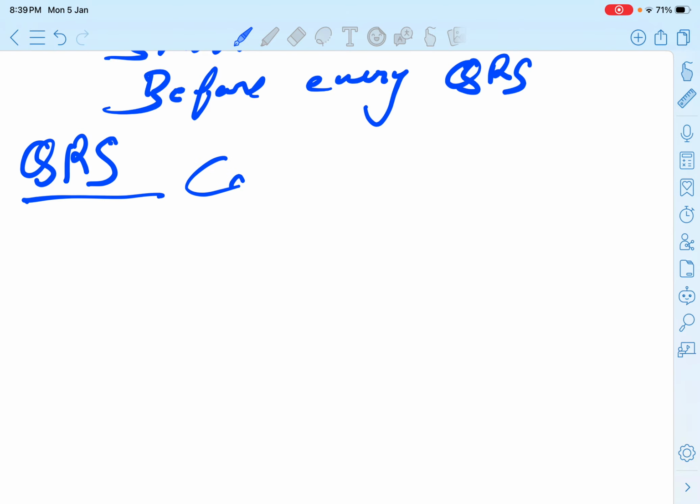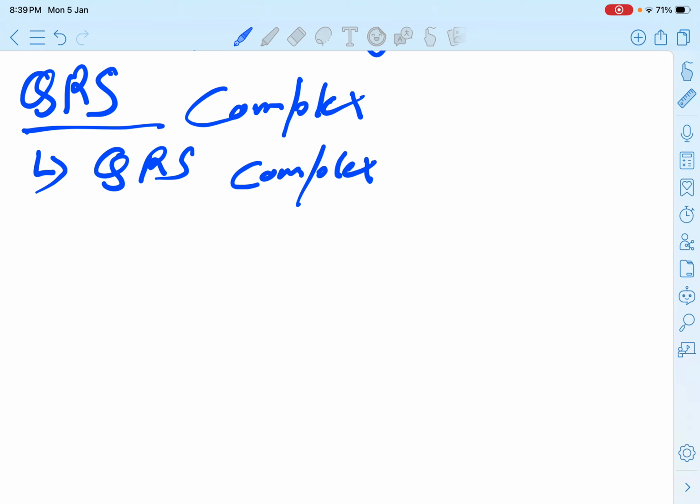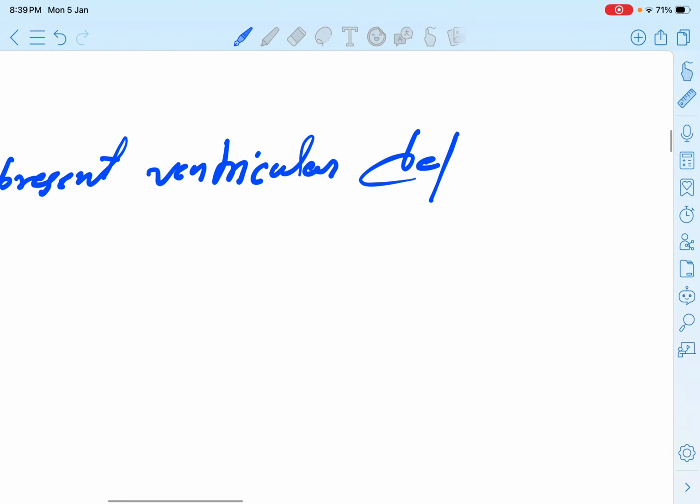QRS. Okay, QRS complex represents ventricular depolarization. It shows ventricles contract. Okay, I will write this here. QRS complex represents ventricular depolarization.